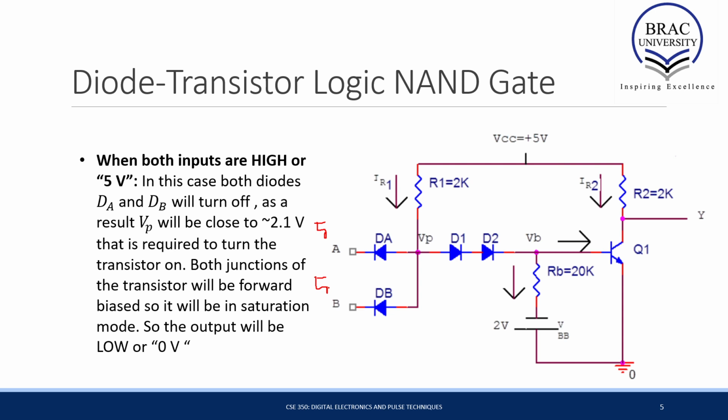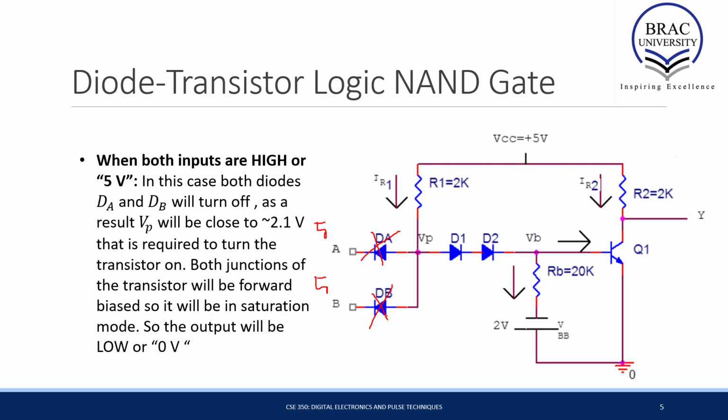Now diodes DA and DB will be reverse biased, so they won't conduct current. So now Vp will have a voltage of 2.1 volt, that is enough to drive the transistor on. That means the base emitter junction will now be in forward bias condition.